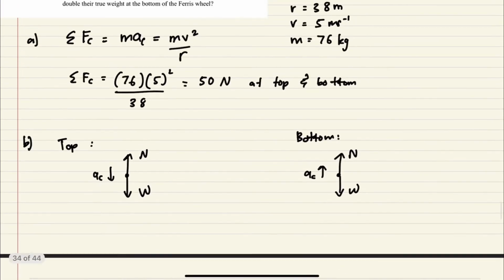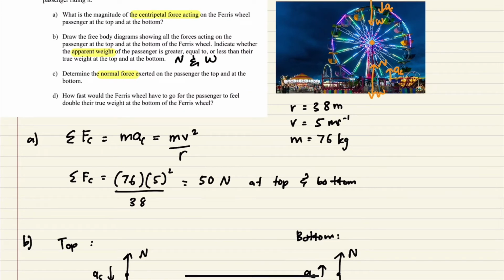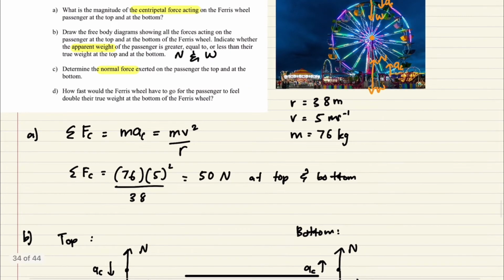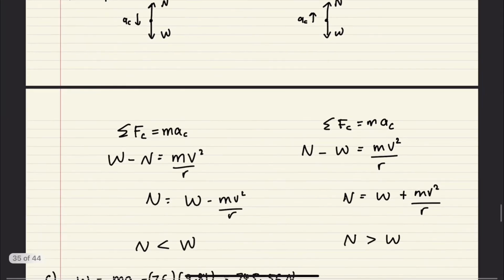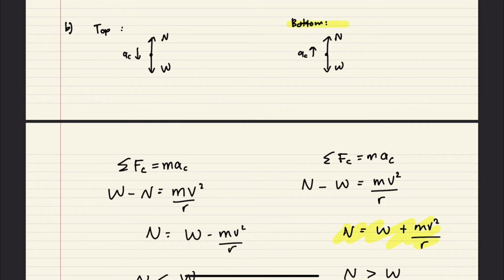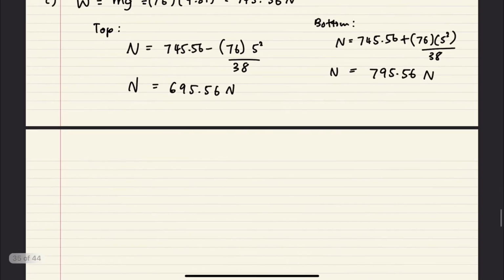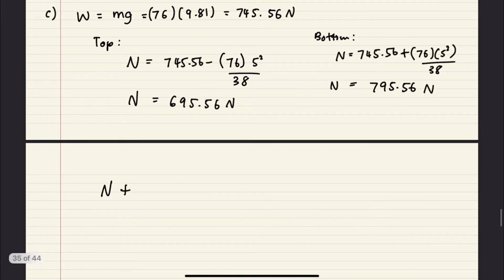Then the last part, they want you to find how fast the Ferris wheel would have to go for the passenger to feel double their true weight at the bottom. At the bottom, you can use this formula straight away. I'll just write down the formula first: N equals W plus mv squared over r.